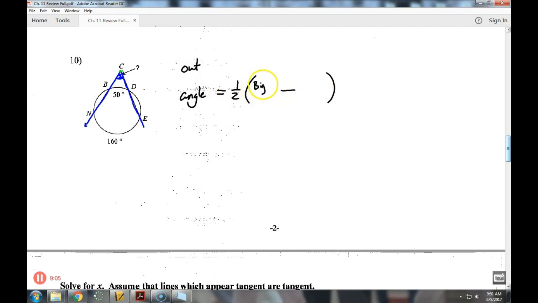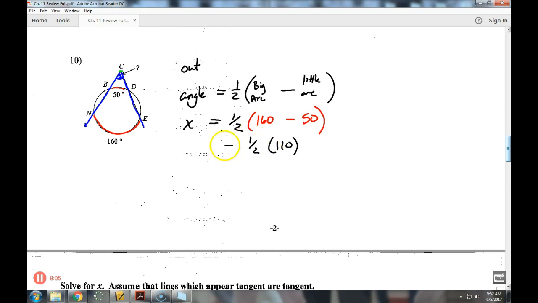And you have to do big arc minus little arc, otherwise you'll get a negative, which isn't that big a deal. I'm sure you'd fix it, but might as well do it right the first time. So I'm looking for the angle. The big arc is 160. The little arc is 50. So 160 minus 50 is 110, and then half of 110 is 55 degrees. So there's the answer for number 10.